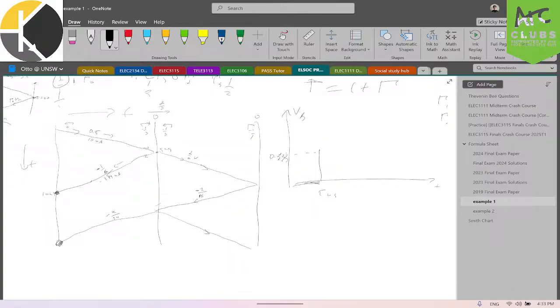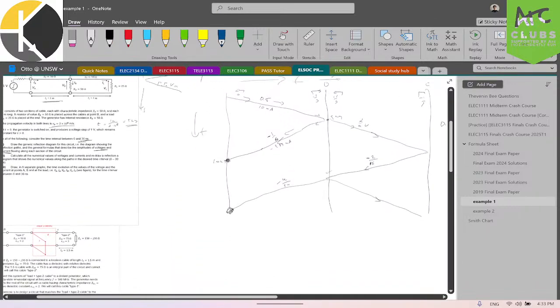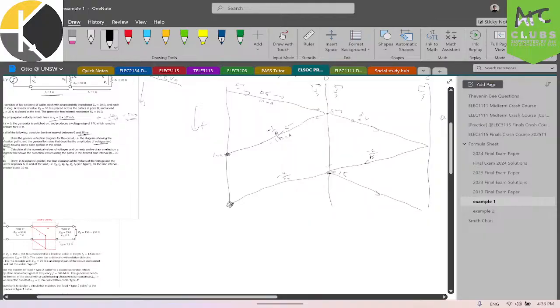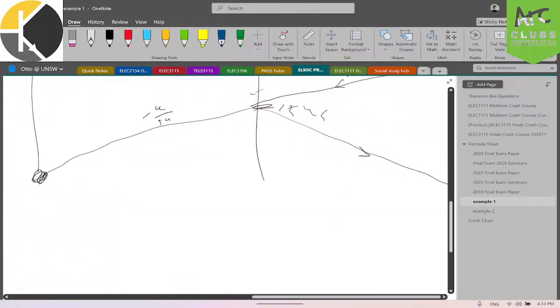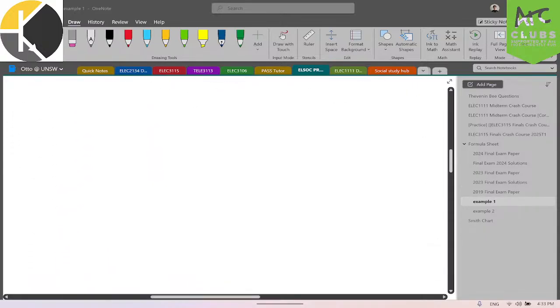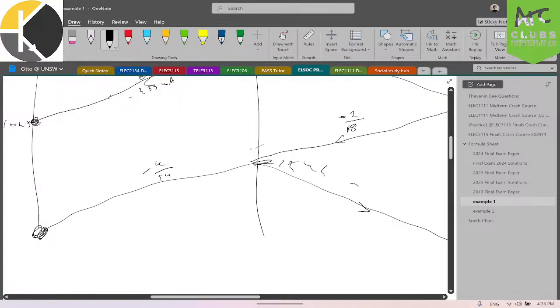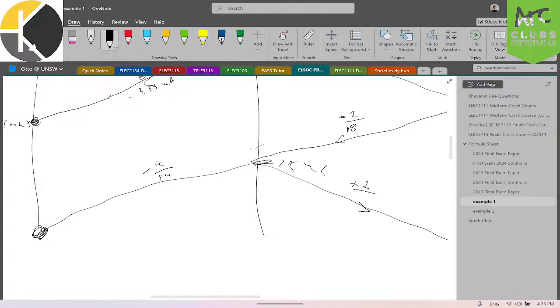And then the next reflection, which happens after 10 nanoseconds, so this is 15 nanoseconds, you get 2 over 18, and then minus plus 2 over 54.